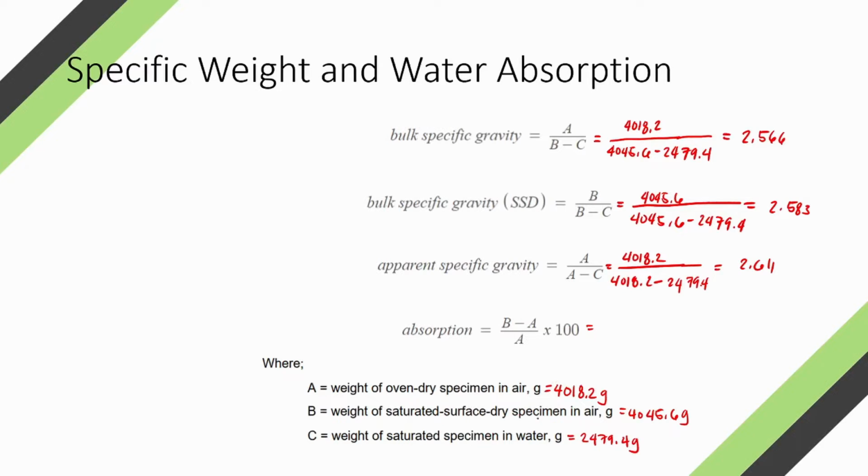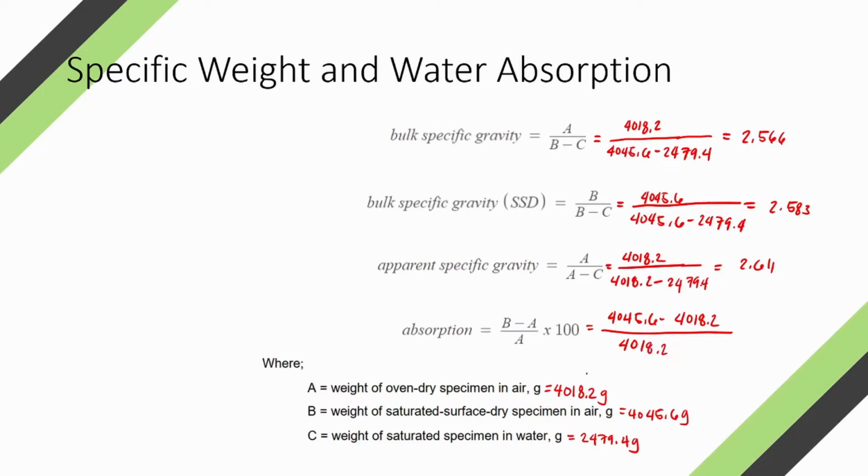And then for the last one, we have here the water absorption is the weight of the surface dry specimen. So 4045.6 minus yung weight ng ating oven dry, 4018.2. So makukuha mo na yung weight ng water all over the weight of the specimen. So 4018.2.